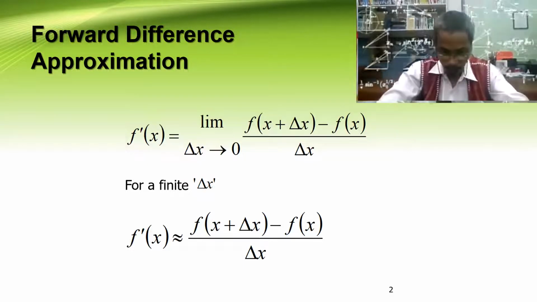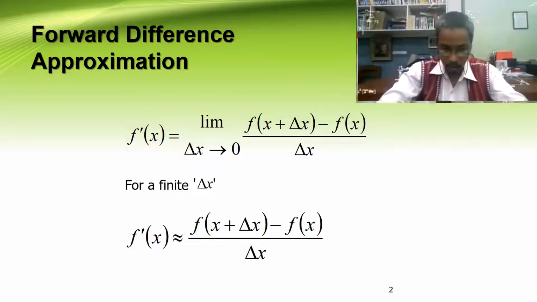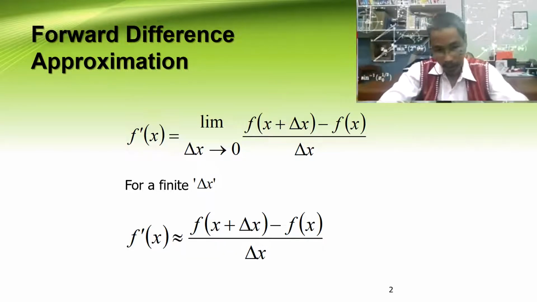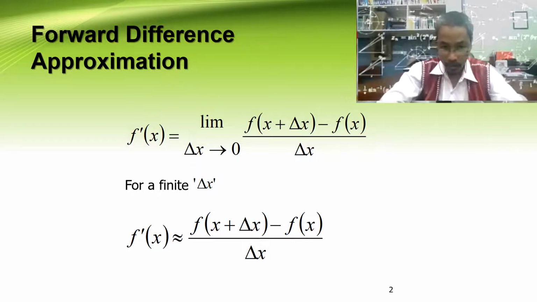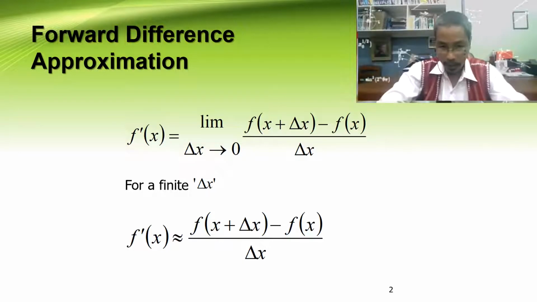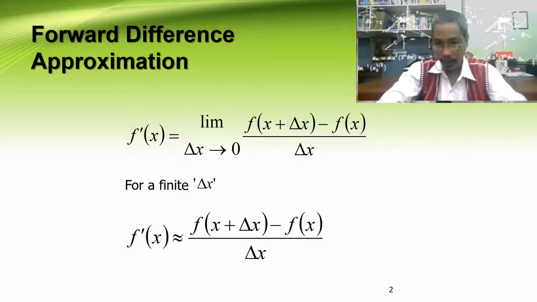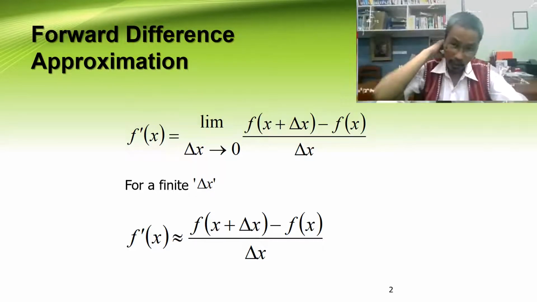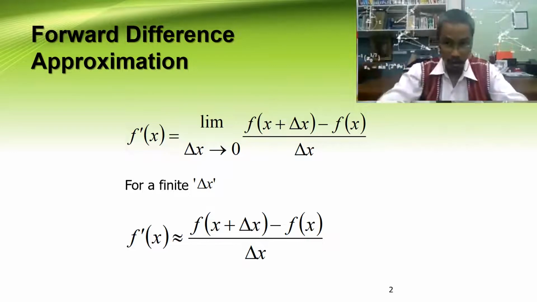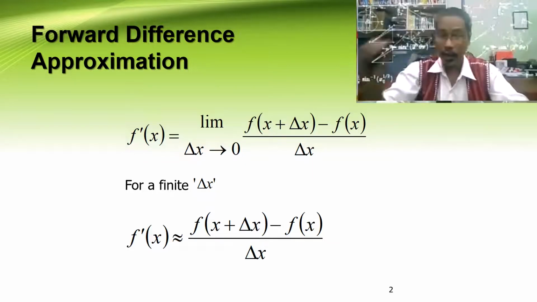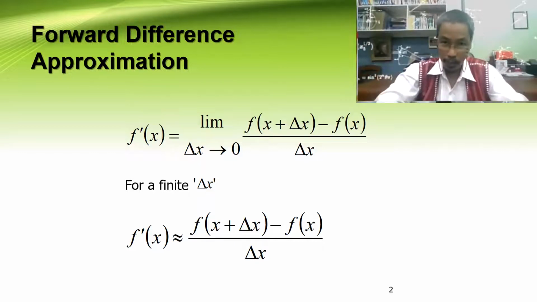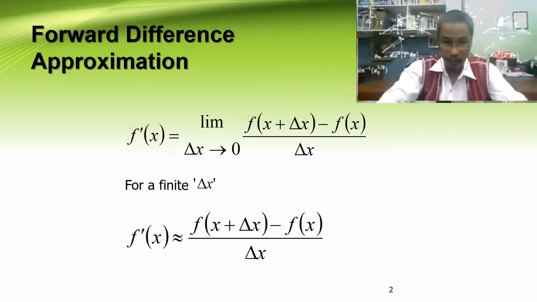So it is now, therefore, f prime of x is approximately equal to f(x plus delta x) minus f(x) over delta x, because of the finite value of delta x, which is not equal to 0 or approaching 0 as a mathematician would want to always use. But we are not mathematicians.